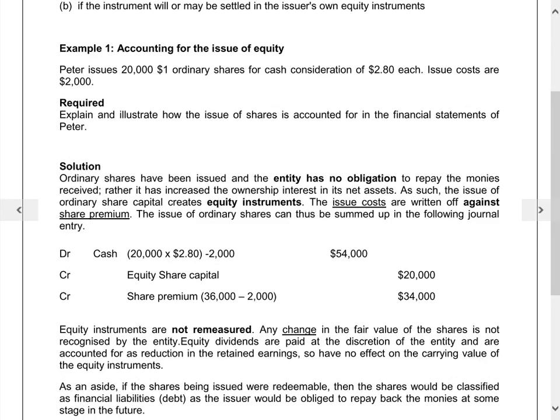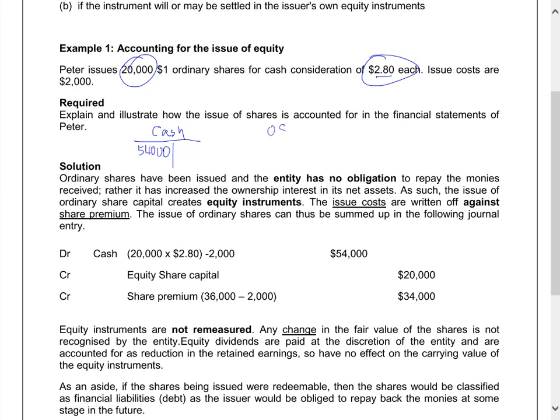Peter issued 20,000 ordinary share for 2.80. Issue cost is 2,000. Explain and illustrate how the issue should be accounted for. What's the double entry? Debit. I show the ledger. Debit cash or debit bank. How much? 20,000 share, 2.80. One share is 2.80. Therefore, 20,000 share will be 56,000. Debit cash or debit bank.